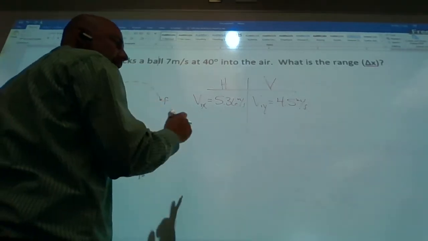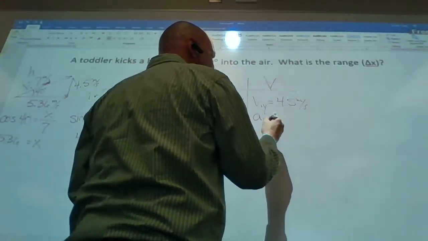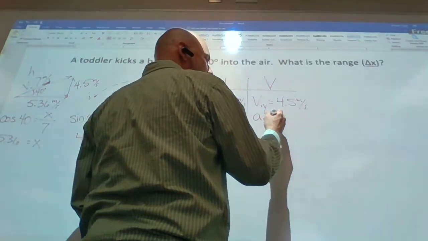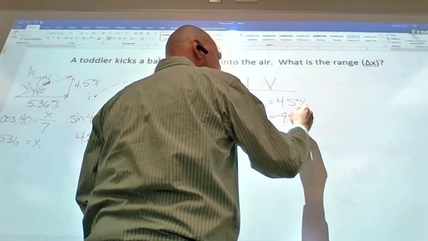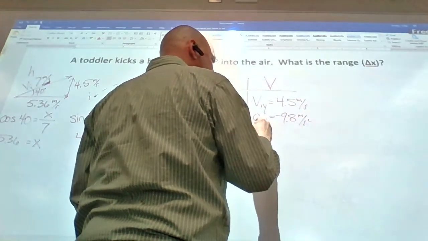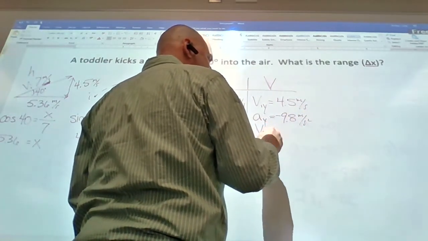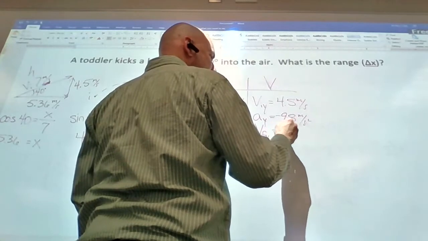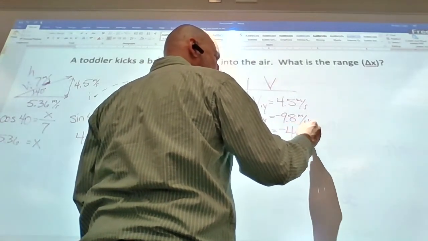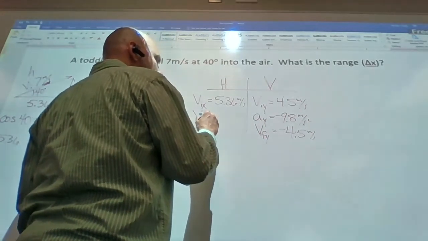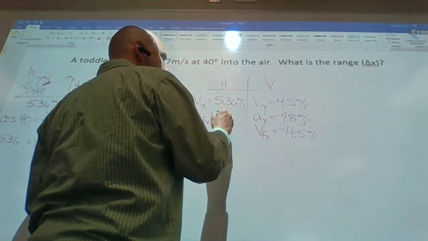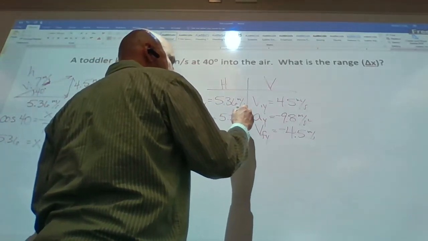If we make this our final, you got acceleration, vertical acceleration negative 9.8. You make your final vertical velocity negative 4.5 meters a second. You make your final horizontal velocity 5.36.